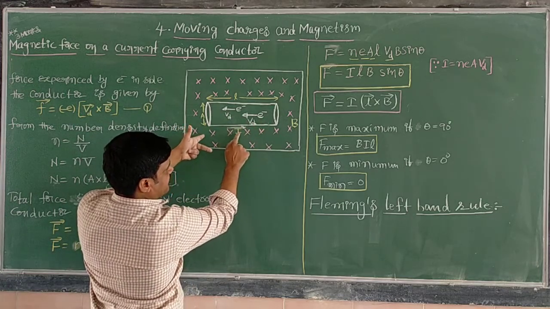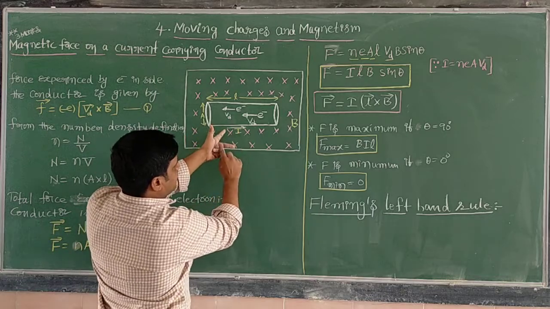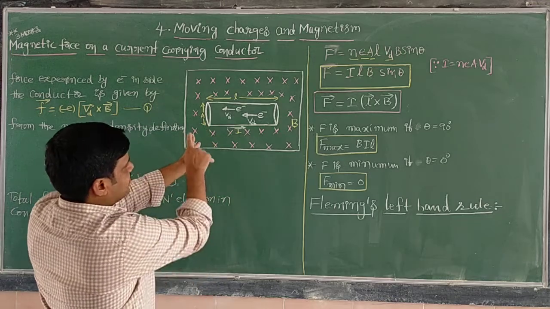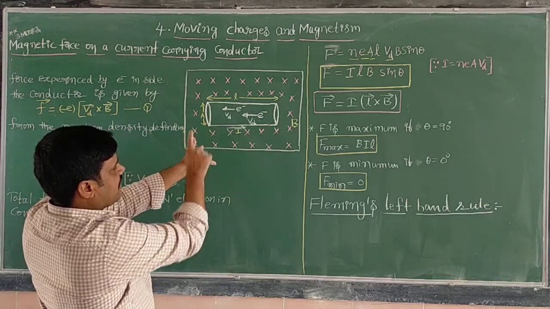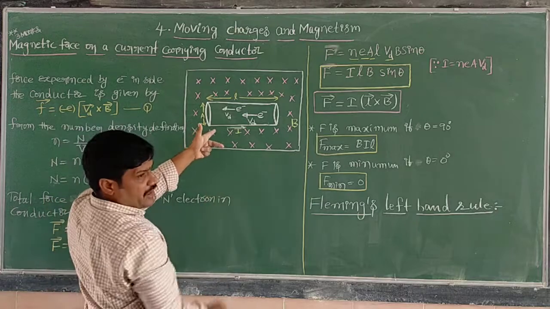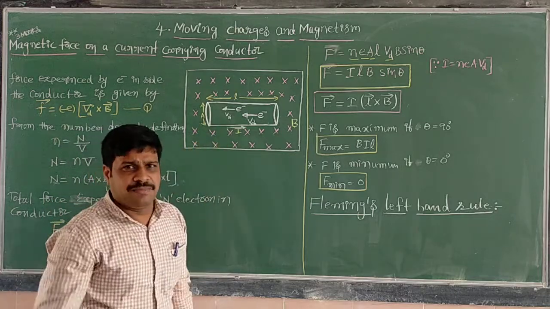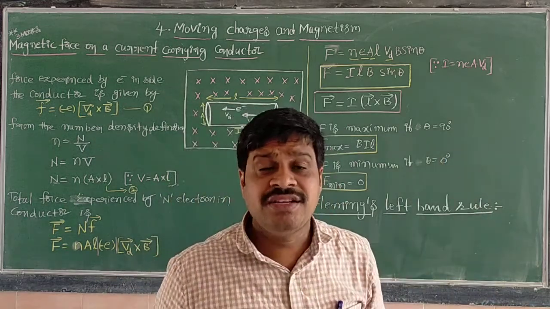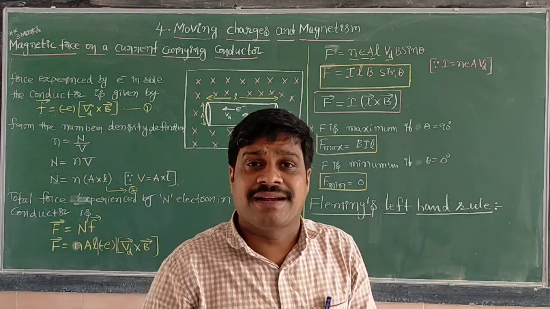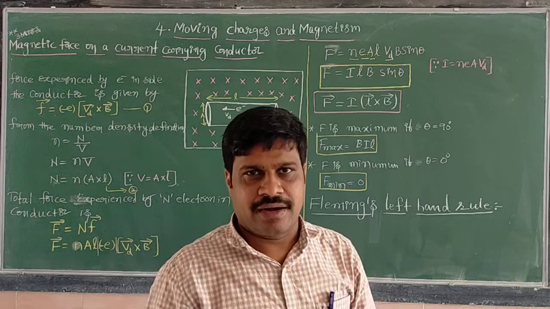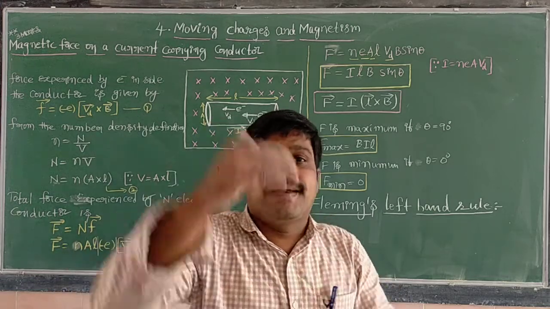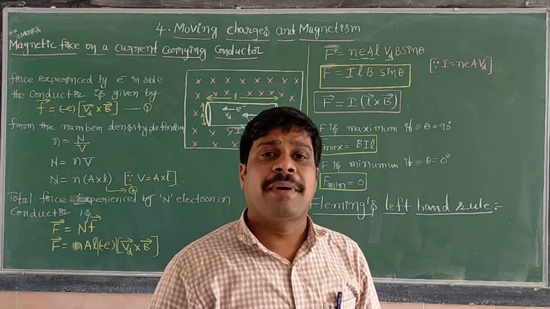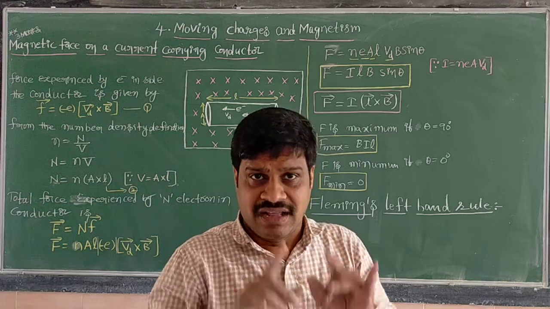Here the middle finger shows the direction of current, and the thumb gives the direction of force. We have to arrange it according to the direction of the magnetic field and the direction of electric current. This I will explain once again in another concept, the force experienced by two parallel current carrying conductors.